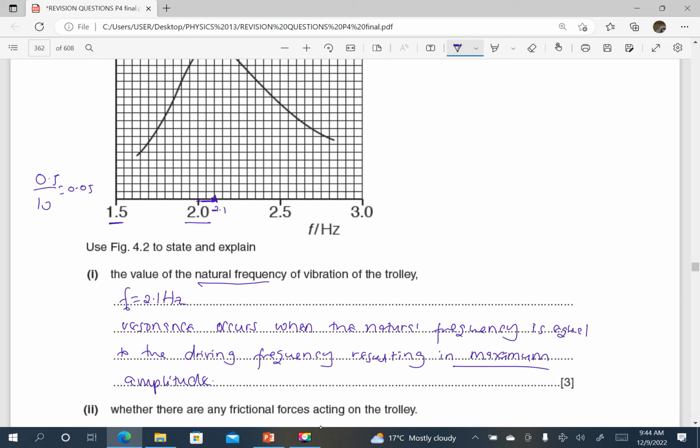So where we see maximum amplitude, that should be a point where the natural frequency is equal to the driving frequency. So the natural frequency is 2.1.